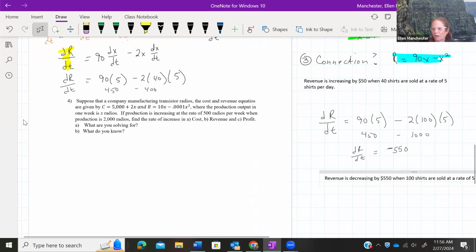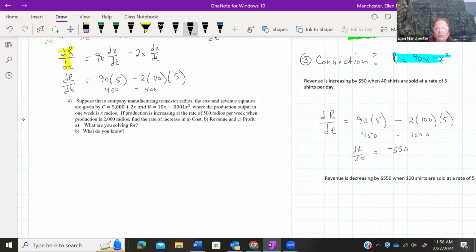We have 3 things going. We are going to find the rate of increase in cost. That's A. The rate of increase in revenue and the rate of increase in profit. Okay. So going back to what we are given, we are looking for 3 things.